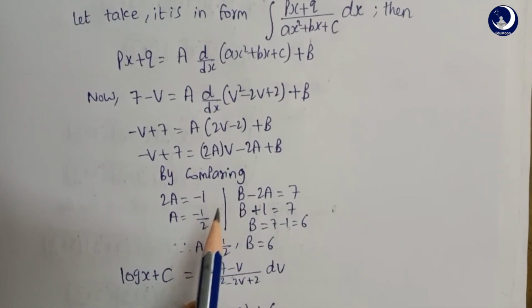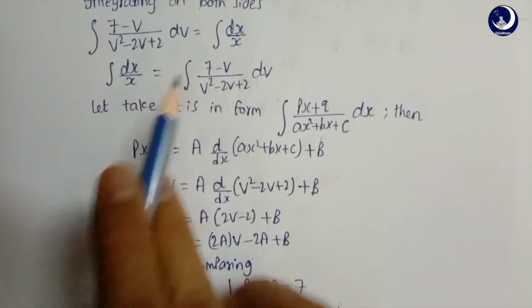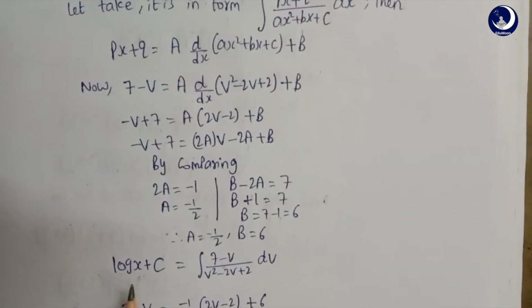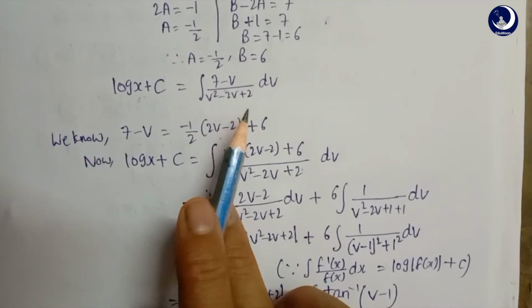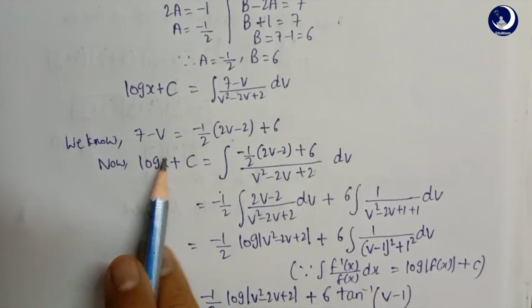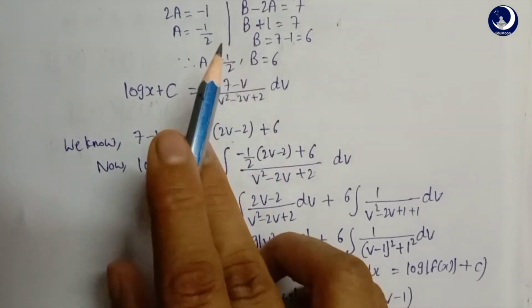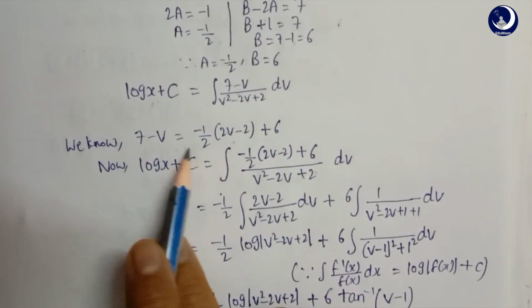Coming to this, to find the solution, integral dx by x means log x plus c equal to integral (7 minus v) by (v square minus 2v plus 2) dv. We know 7 minus v equal to minus half into (2v minus 2) plus 6. By replacing the A and B values, we got this function.